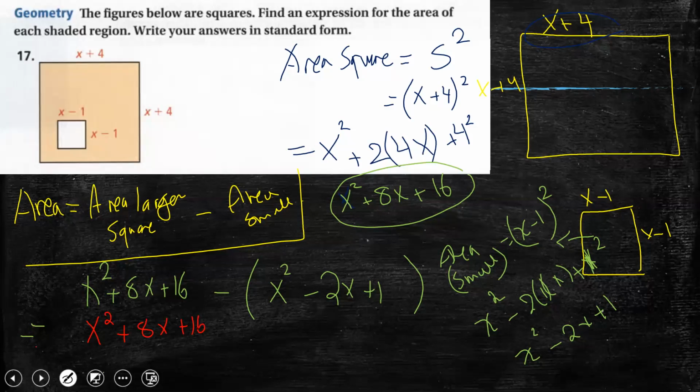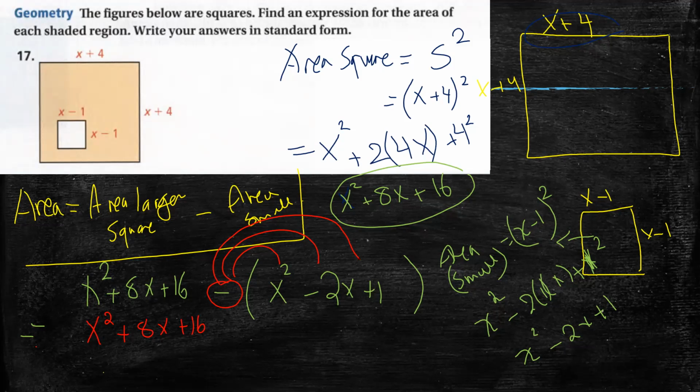Then, if you have a bracket and outside the bracket you have a minus sign, you have to distribute this minus sign into each term. You have to multiply it by each monomial inside it. So I keep it as negative x squared, then negative times negative 2x is plus 2x, and then minus times plus 1 is minus 1. Is it clear?